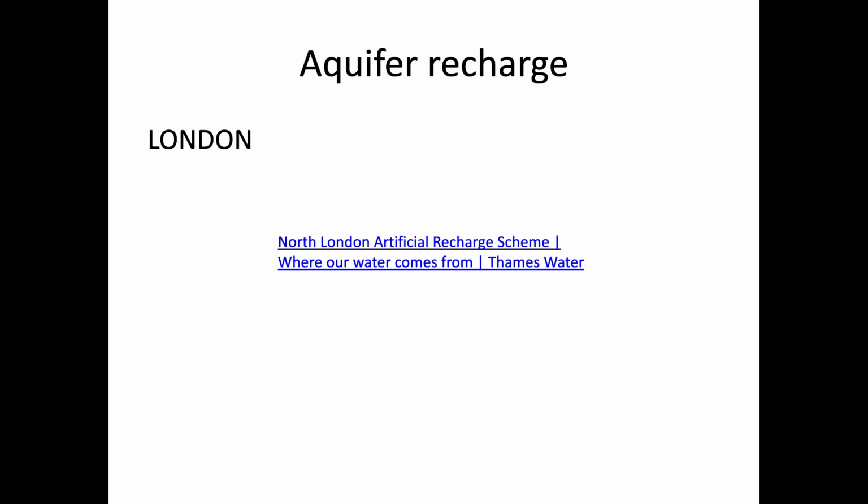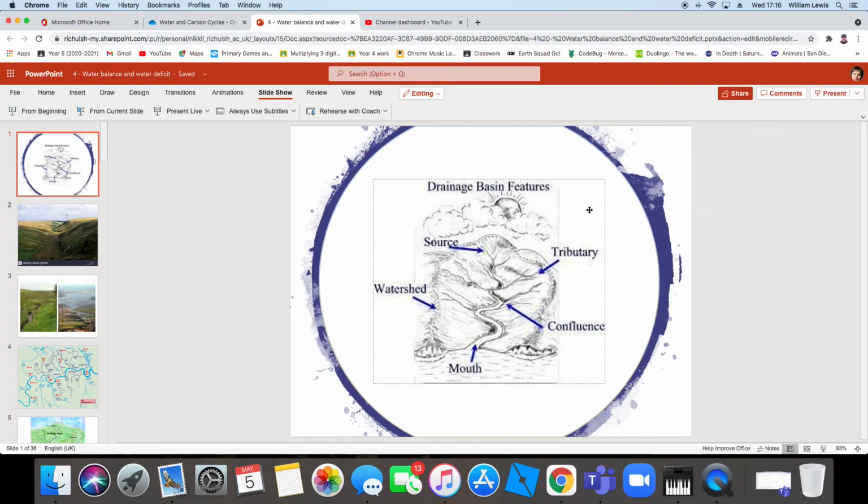Very simple process. You essentially dig a well, and instead of taking water out, you put it in. It's not a complicated procedure. It's just rather shocking, perhaps, that we have to do that because we have messed around with the water cycle so extensively. Well done for surviving that, folks.